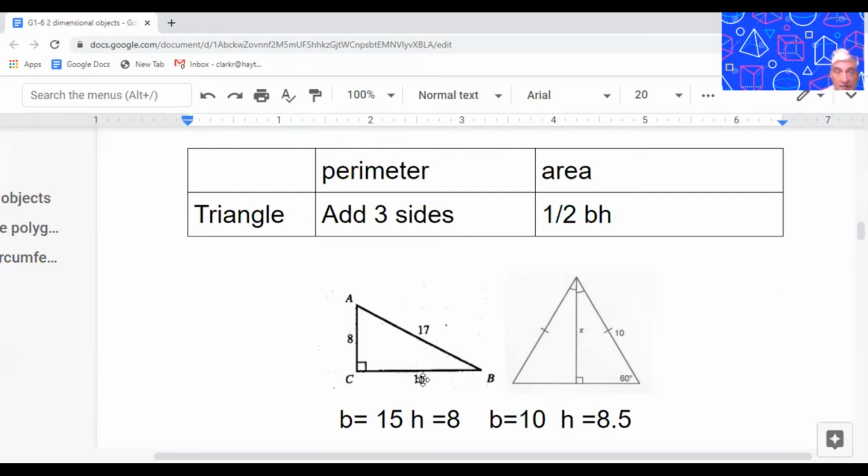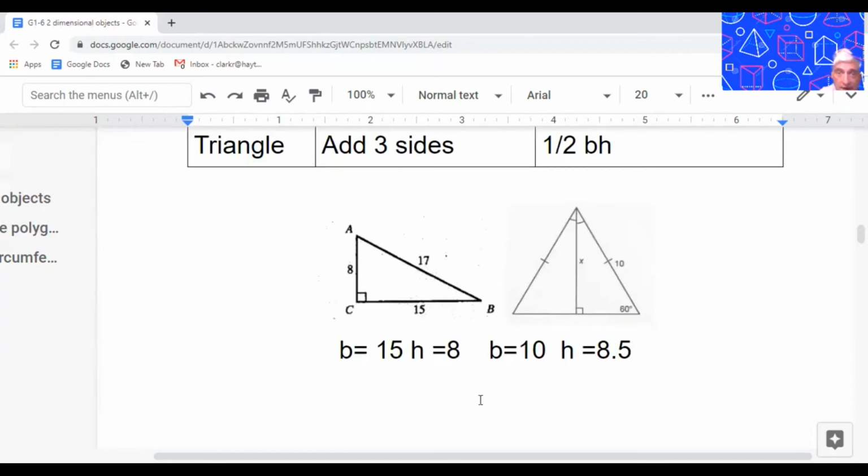I think you get 40, but check my math, because Professor Pi can make a mistake. You're adding 3 sides of the triangle. This triangle is equilateral. This triangle is 10 by 10 by 10. So the perimeter over here would be 30.